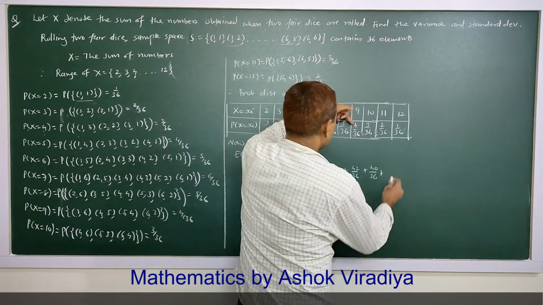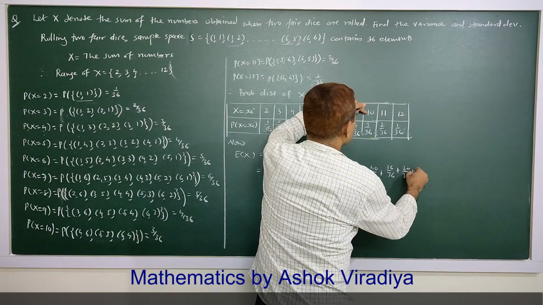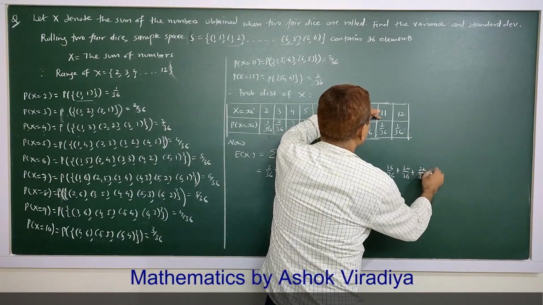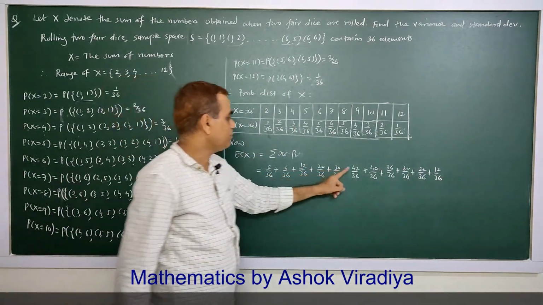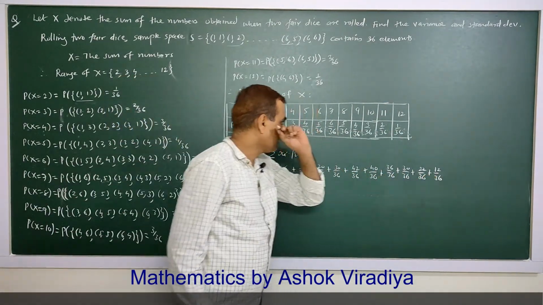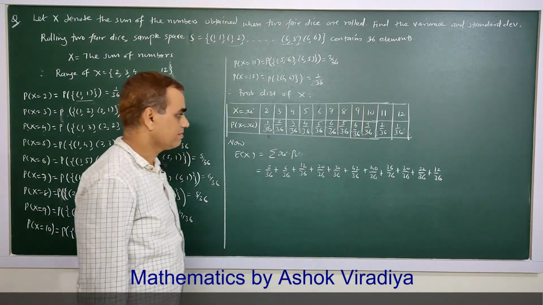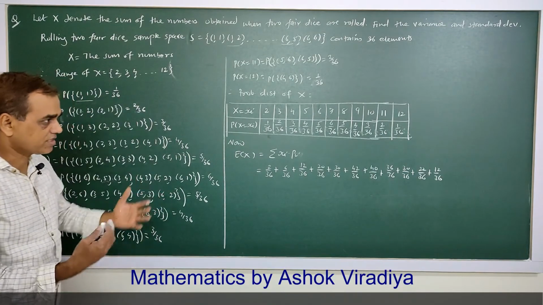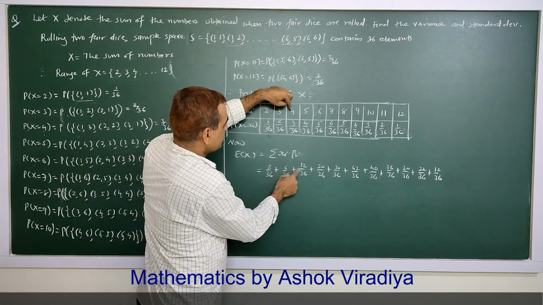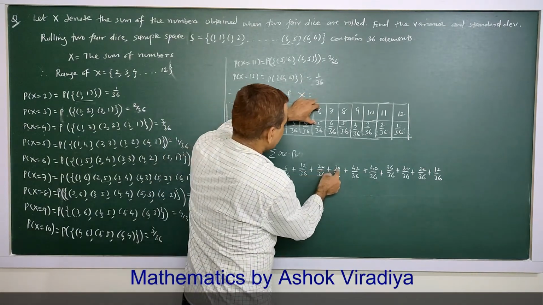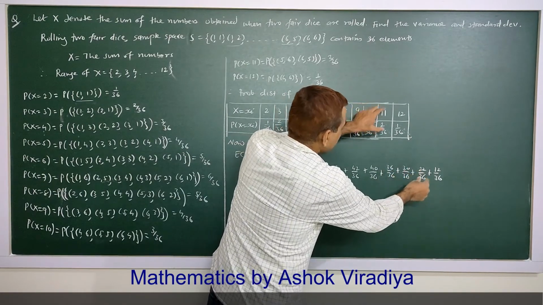So 36 by 36 plus 30 by 36 plus 22 by 36, 12 by 36. 1 2 3 4 5 6 7 8 9 10 11. 11 numbers, 11 products. See, check once again. Here 2, 6, 12, 20, 30, 42, 40, 36, 30, 22 and 12.